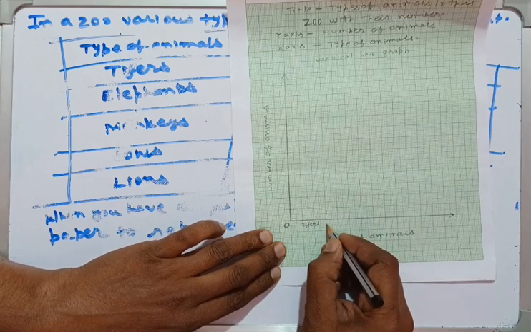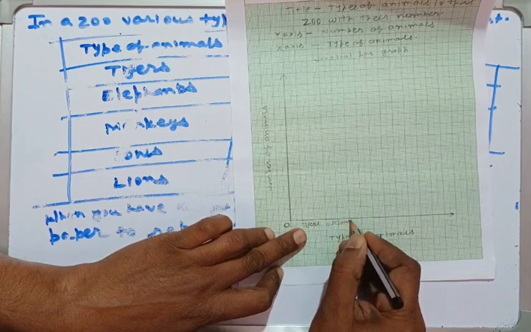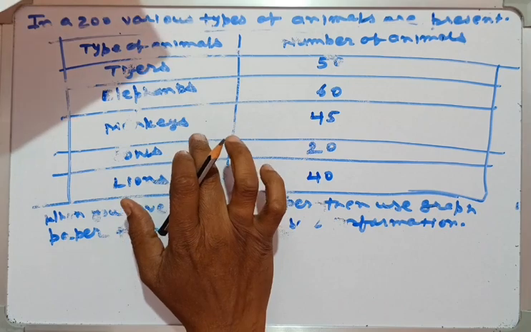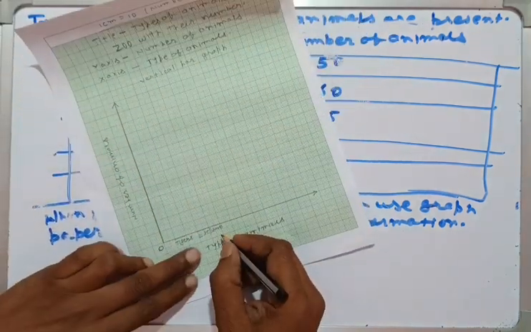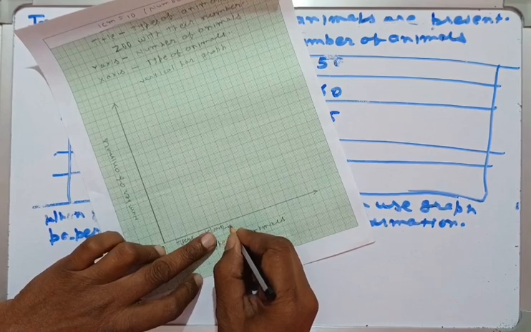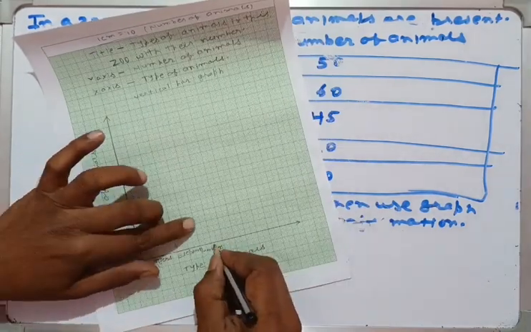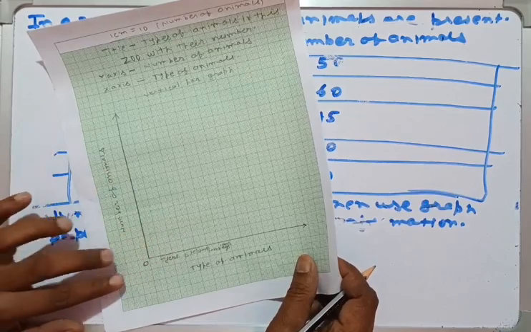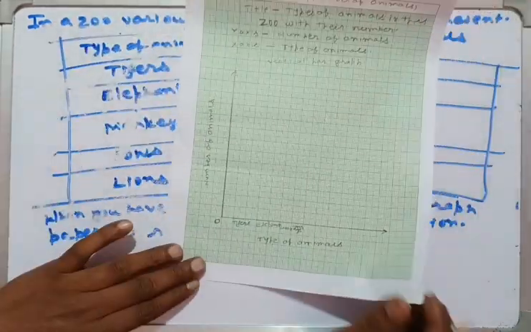So the next one is elephant, and then the third one is monkeys, so we write monkeys here. Now the fourth one is cows, so we write cows here, and now our fifth one is lion.